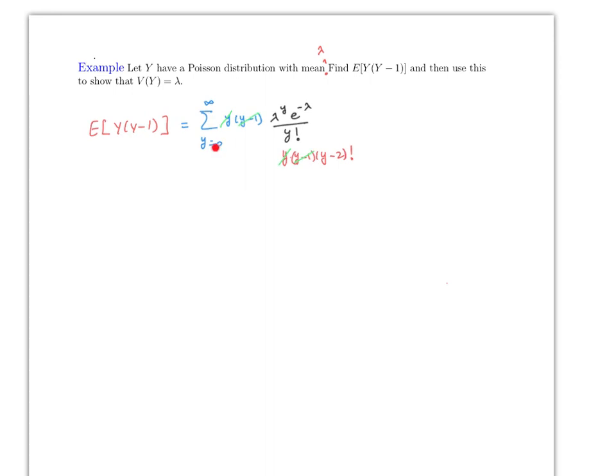And now we have to change the index to start at 2 because you can't have a negative factorial. So then we're going to multiply by lambda square and divide by lambda square, which again, you're just multiplying by 1. So therefore, this will be lambda square.